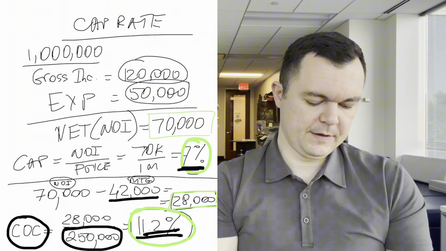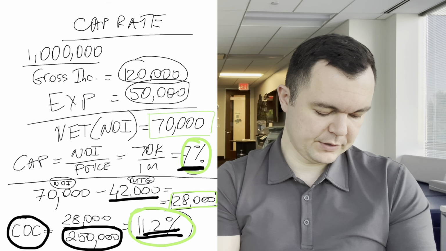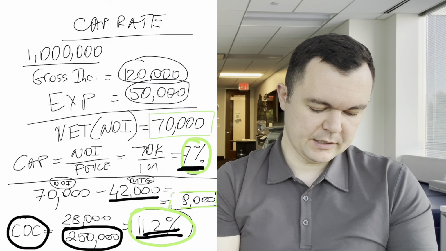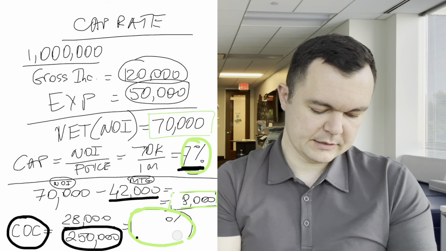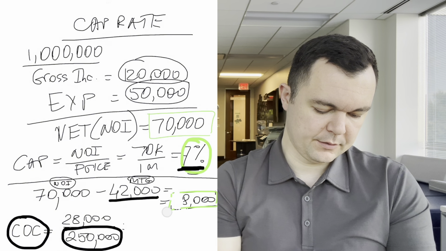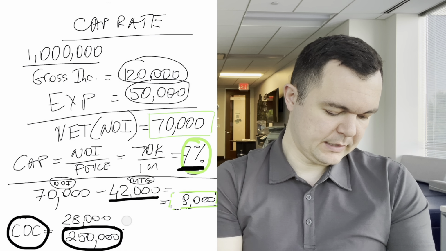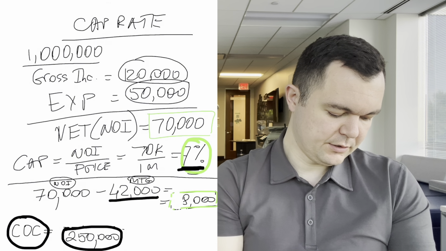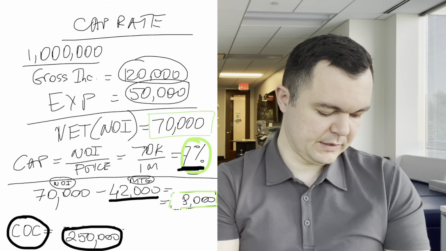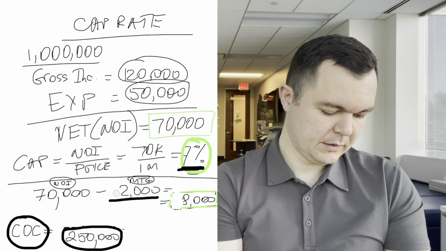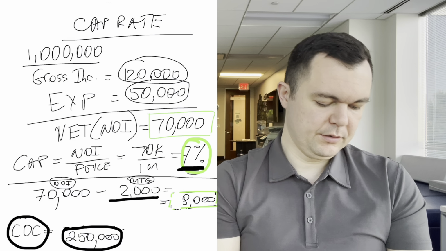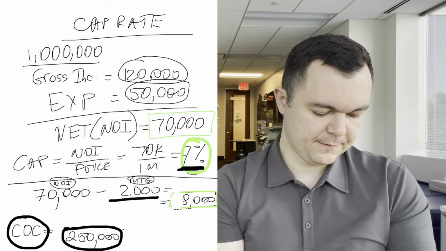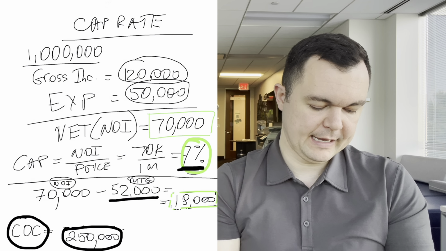So let's say we get rid of all of this and this. Now let's run new numbers. Let's say that your mortgage costs you $52,000 and you're left with $18,000.